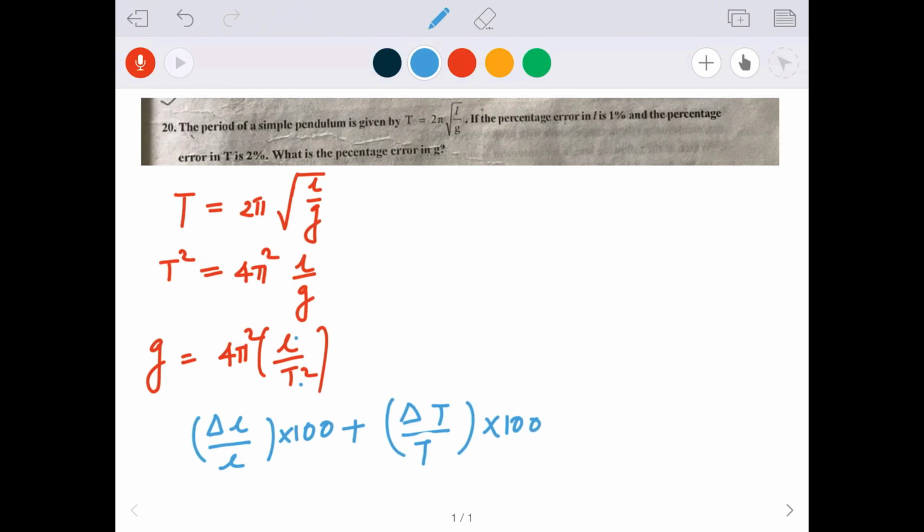That is the equation. But here we have some other thing also, that is delta T by T is actually the percentage error, but the percentage error is of a square. So I have to rewrite this equation like this: delta L by L into 100 plus 2 times delta T by T into 100.